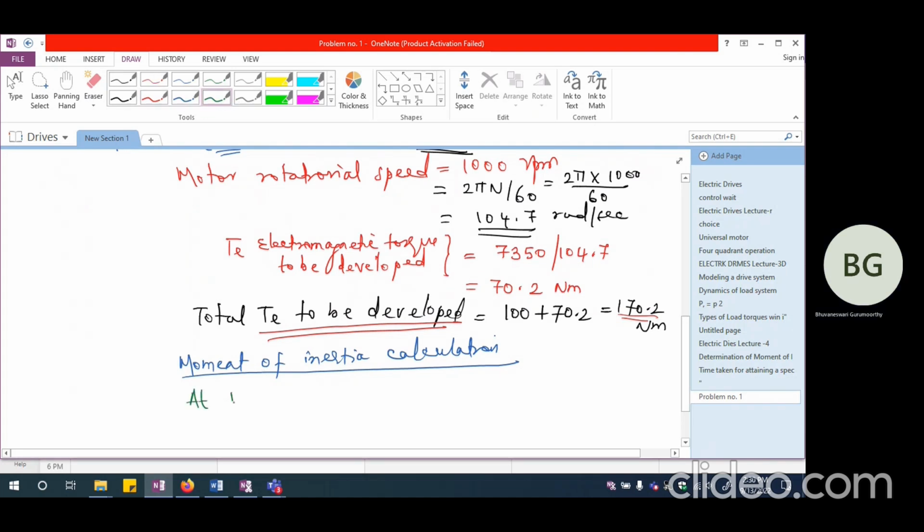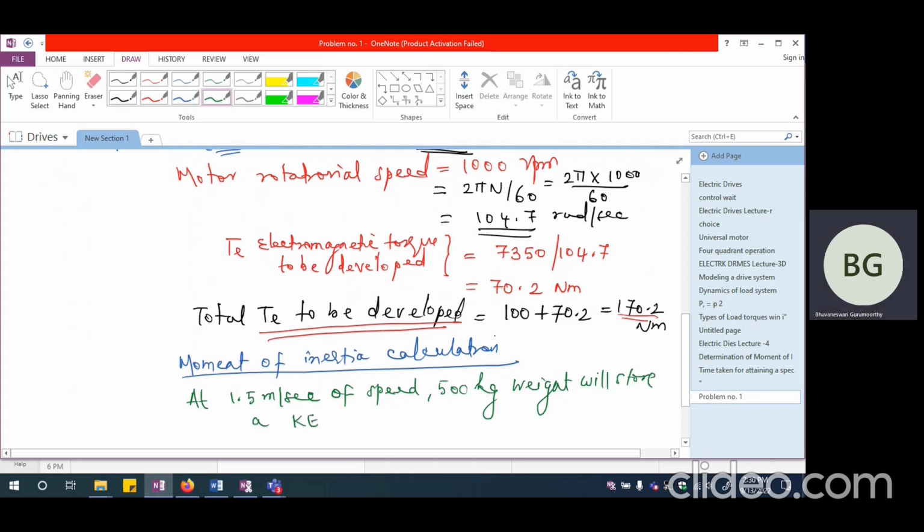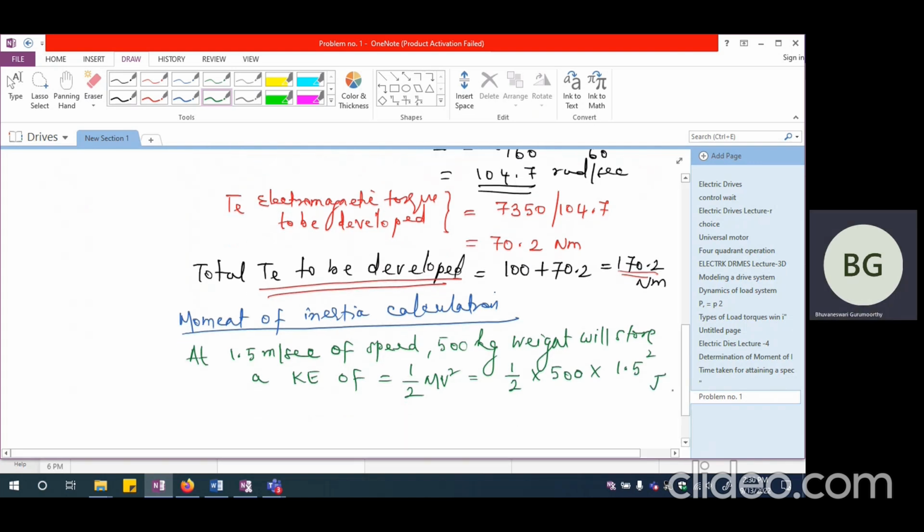So at 1.5 meter per second of velocity, a 500 kg weight will store a kinetic energy of half mv square. So that is going to be half multiplied by 500 multiplied by 1.5 square joules. This is what it is going to store.